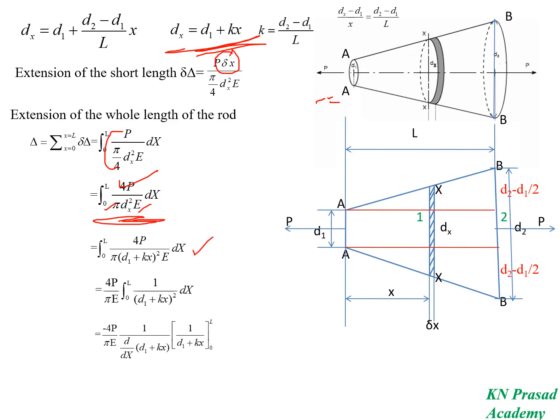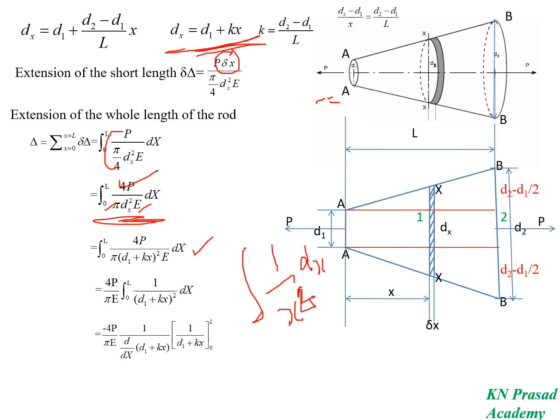Here 4P, pi and E are constants, so we take them outside the integration. Then this equation becomes 4P by pi E times the integration from 0 to L of 1 by (d1 plus kx) whole square dx, which is in the form of the integration of 1 by x square dx.